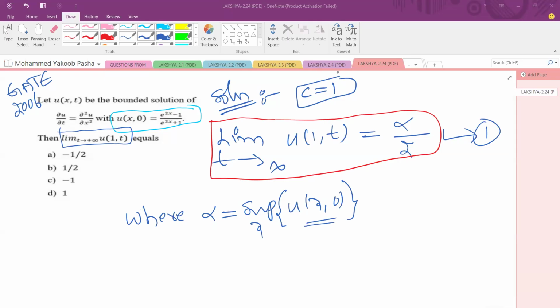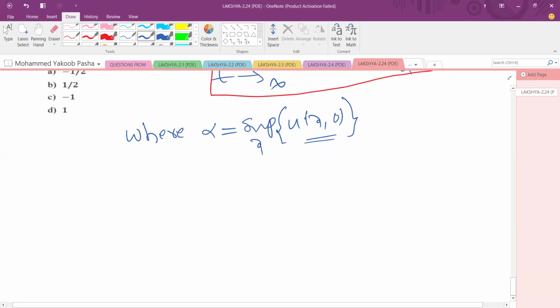First, now I'm calculating the supremum of u of x comma 0. What is my u of x here? e power 2x minus 1 by e power 2x plus 1.